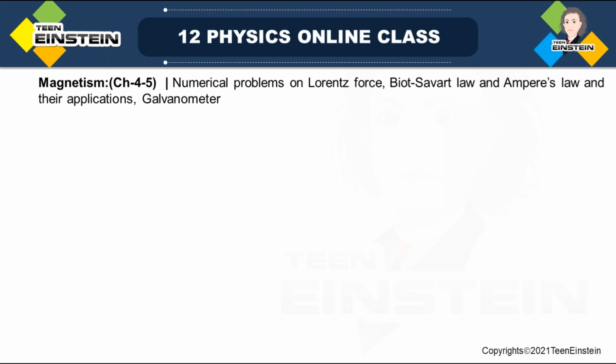So look, what we know is that for a circular path, the magnetic force on any charged particle will be equal to mv square by r. This gives you the centripetal force. So bqv equals mv square by r.